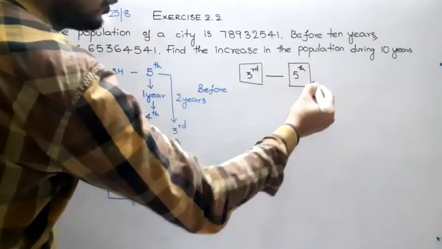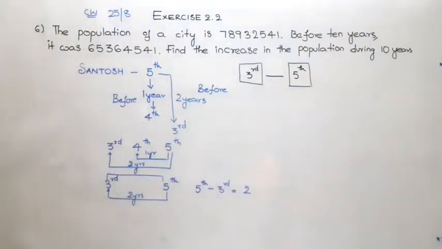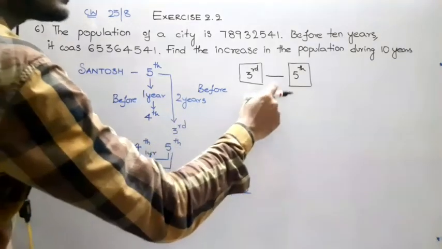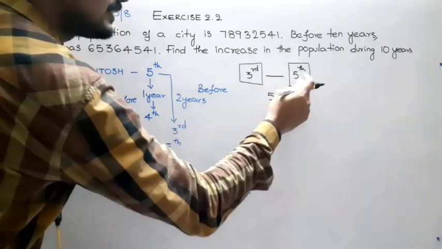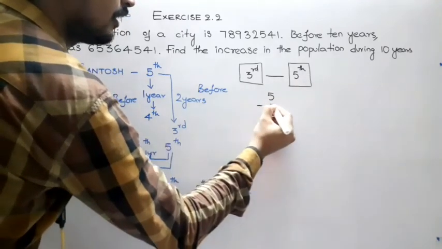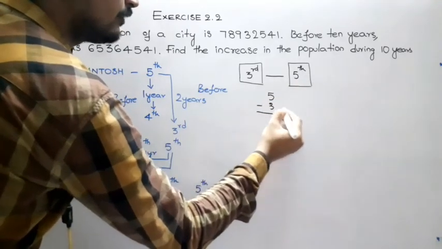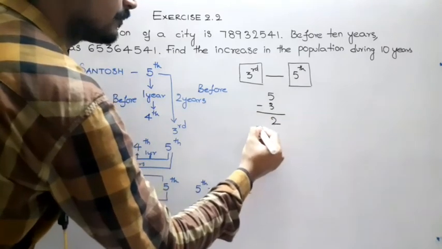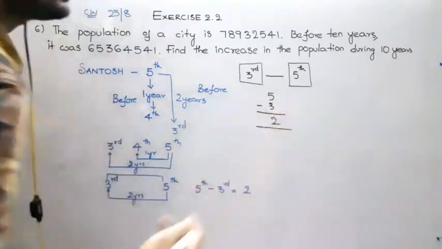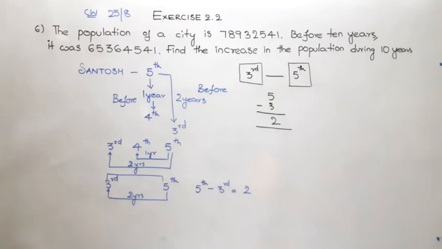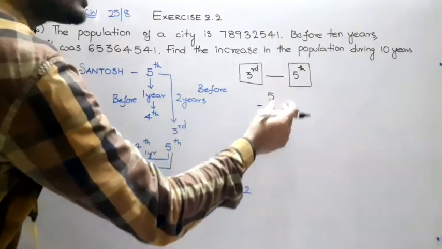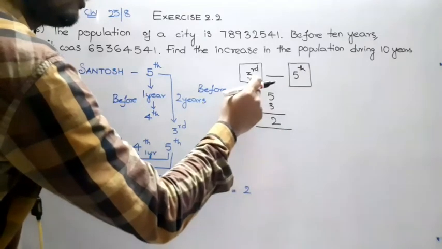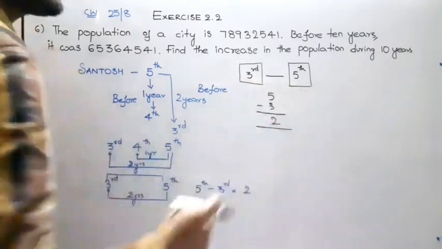So for how many years we are in friendship, if we ask Santosh, then he will say, nothing to worry, simply subtract the present class minus the class when we started our friendship. So 5 minus 3 is equal to 2. So there is an increase in our friendship for 2 years from 3rd class to 5th class.